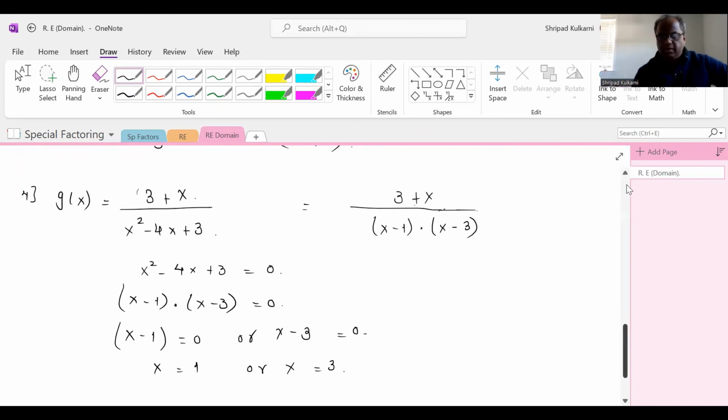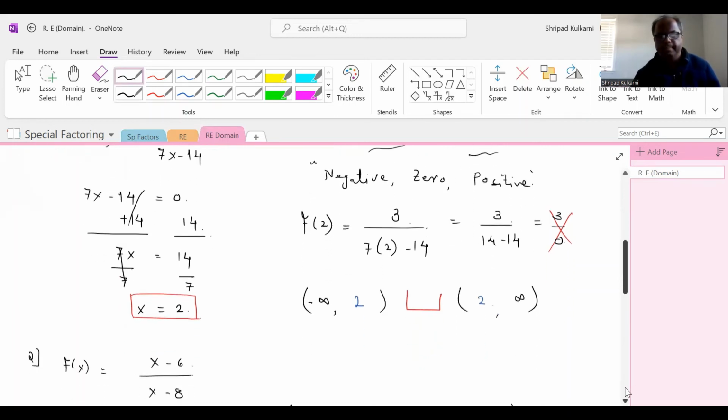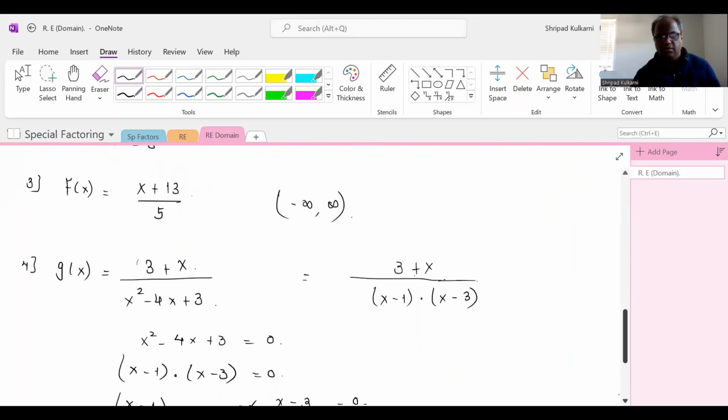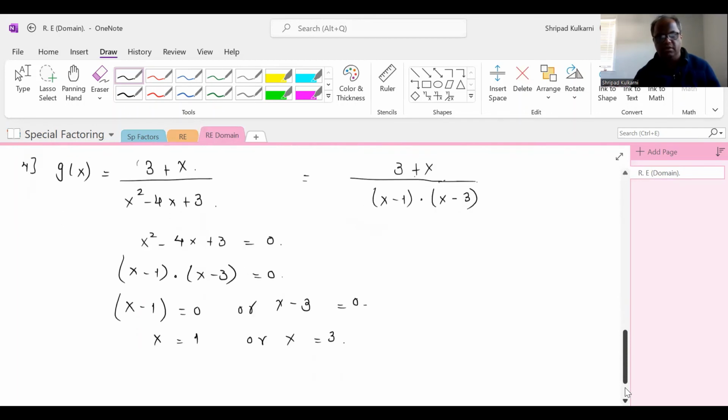Now remember, how do you remember in the exam? If you get one value of x, you have two parentheses for the domain. If you have two values of x, your domain will be a little bit longer.